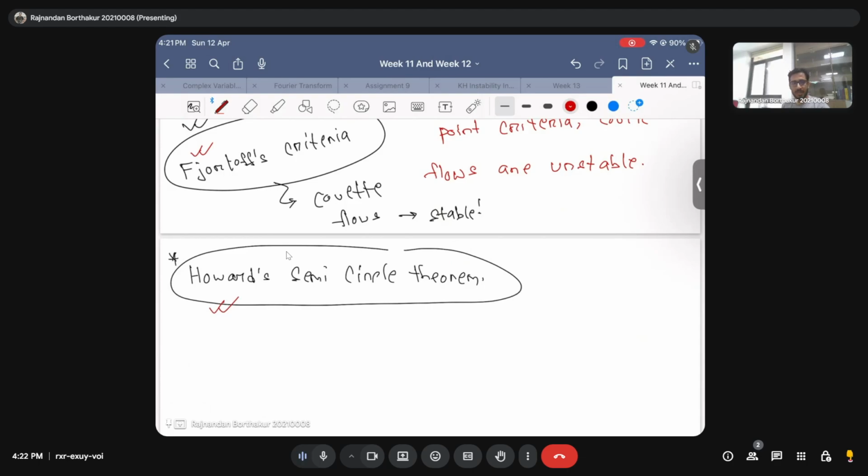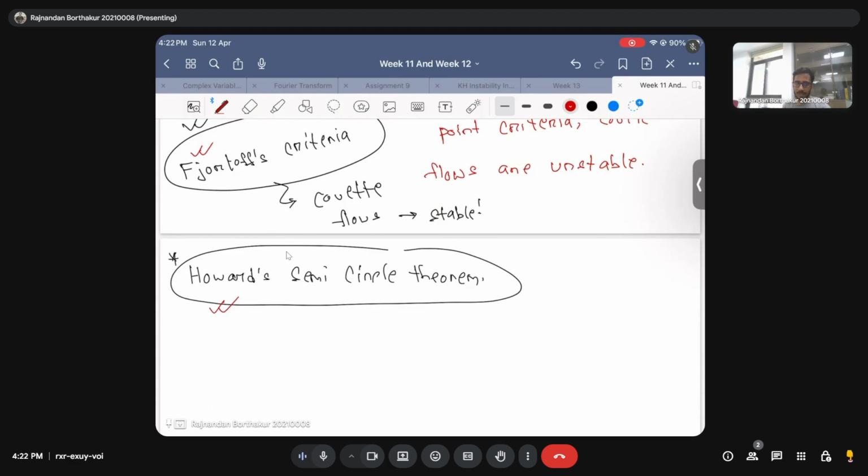I repeat again, what you were shown in the lecture series is that you derived something called the Orr-Sommerfeld equation, and the Rayleigh stability equation is a special case of the Orr-Sommerfeld equation when your Reynolds number is equal to 0. In simple words, the Rayleigh stability equation is used to predict the stability of inviscid flows, whereas the Orr-Sommerfeld equation is used to predict the behavior of perturbations for viscous flows.